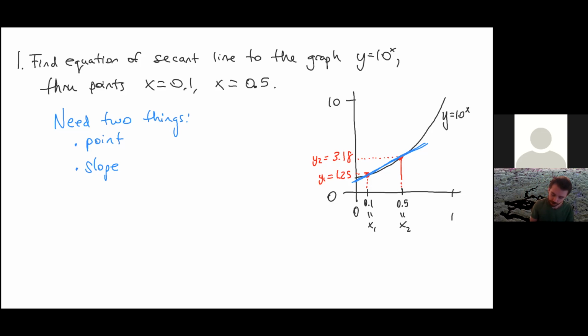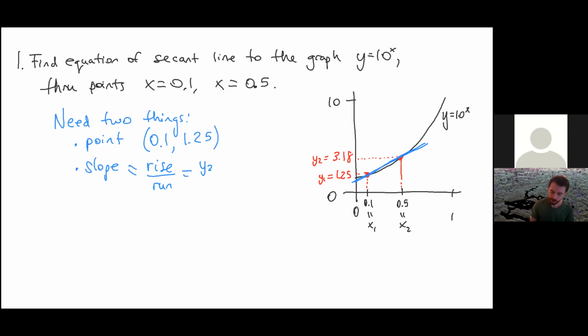Let's just pick the point, this first point. So that'll be 0.1, comma 1.25. Okay, so I'll use that later. We'll just hold on to that. And the thing that'll require a little bit more work is what is the slope? Okay. Slope is generally rise over run.